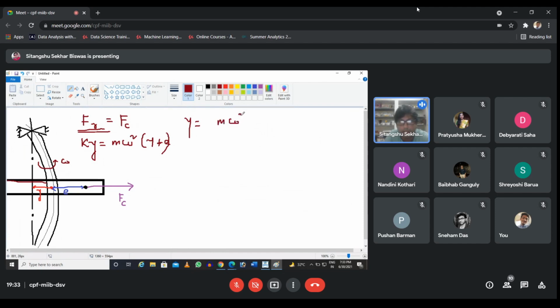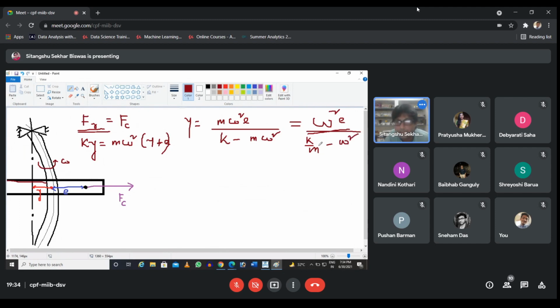Now, because we need to find y, y is equal to m omega square e divided by k minus m omega square. Now if you divide by m, it will be omega square e divided by k by m minus omega square.